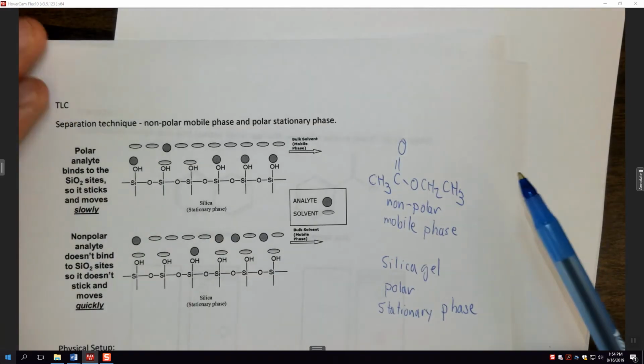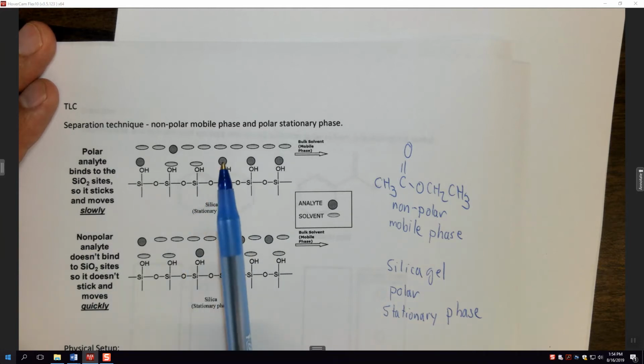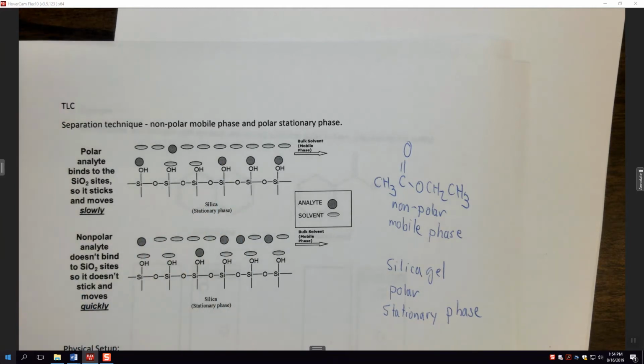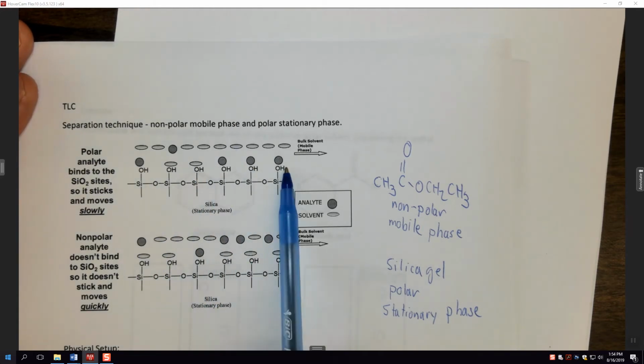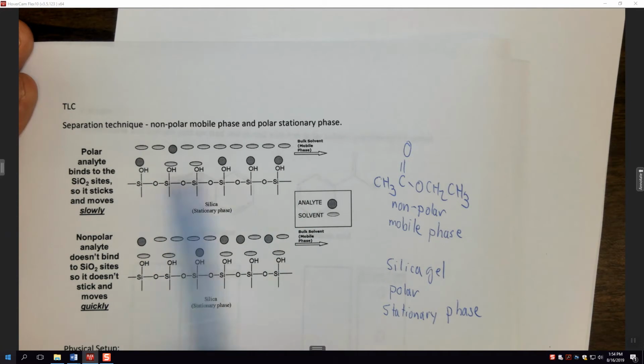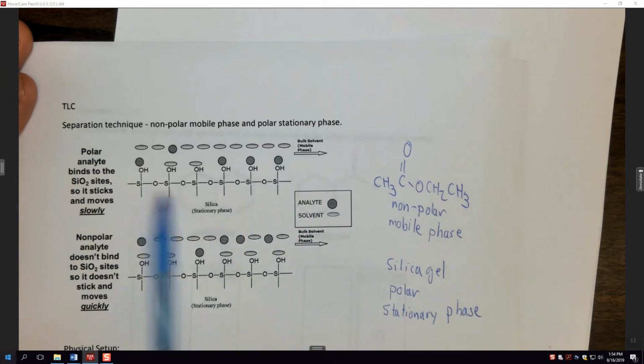So if you have, for example, a relatively polar analyte, then what's going to happen? It's going to have relatively strong interactions with the polar silica gel. And what is ultimately going to happen is it's not going to move very far because the silica gel isn't moving.